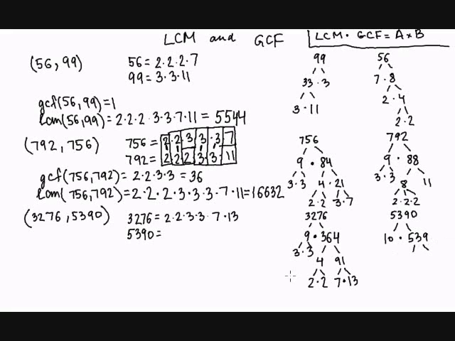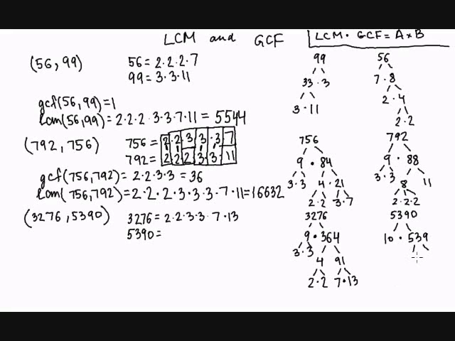So let's do the divisibility test by 7. We have to subtract twice the last digit from the rest of the number: 53 minus 18, which is 35. 35 is divisible by 7, therefore 539 is divisible by 7.